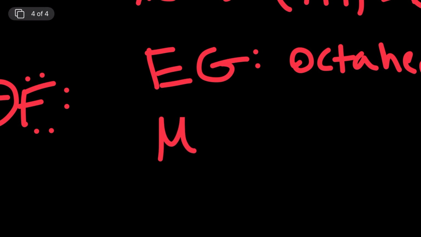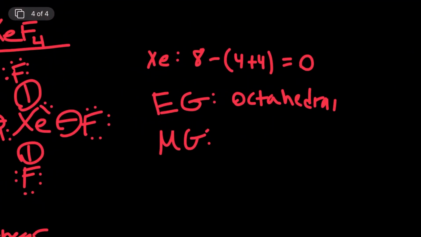Another geometry we must find is the molecular geometry, which is a little more complex in this case. And I personally think looking up one of those charts on Google Images for the VSEPR theory is very helpful in order to memorize these molecular geometries. So I would recommend doing that.